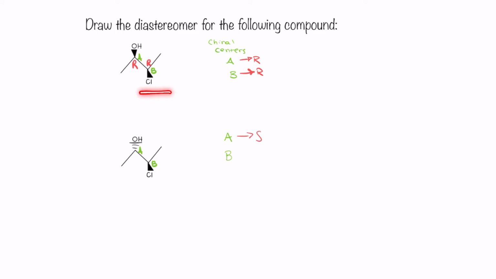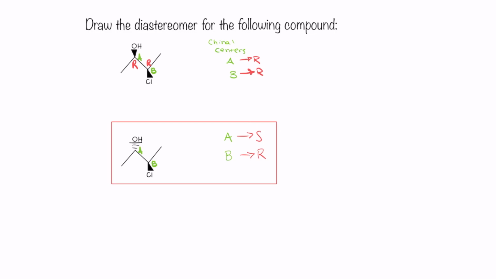It was on a wedge before and it's on a wedge now, so it's going to remain R. One of the chiral centers flipped. Before we had RR and now we have SR, so this is a perfect answer choice for drawing a diastereomer.